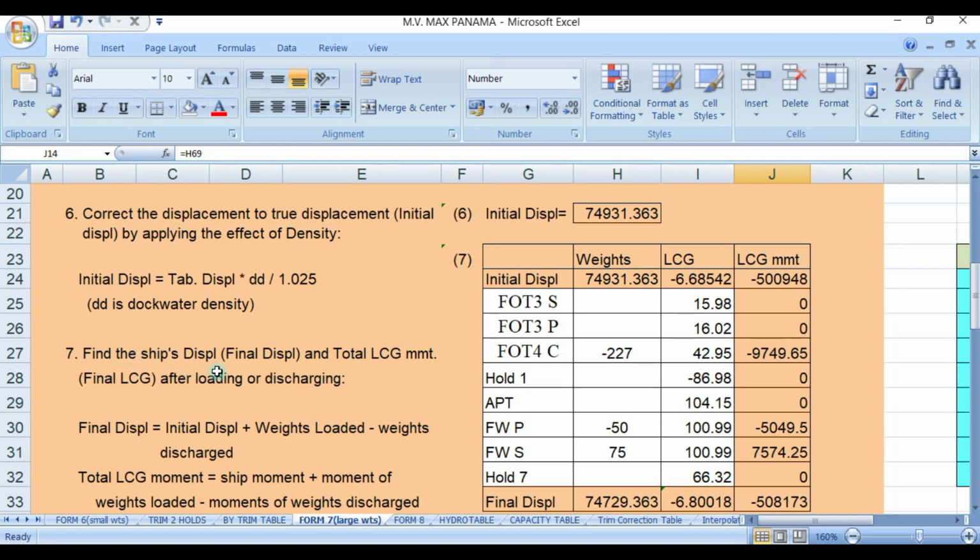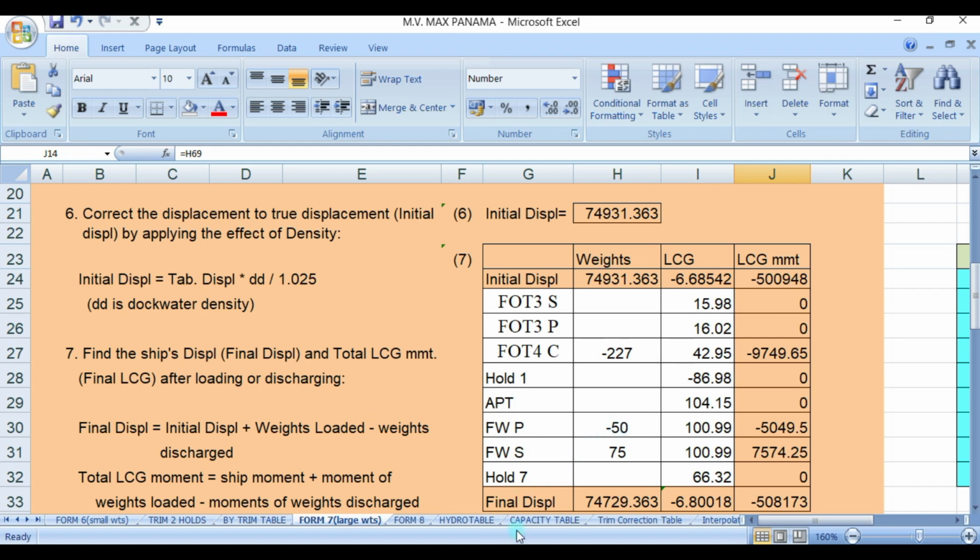Find the ship's final displacement and total LCG moment, by finding the final CG after loading or discharging the weights, meaning you apply the weights that you have consumed or added.